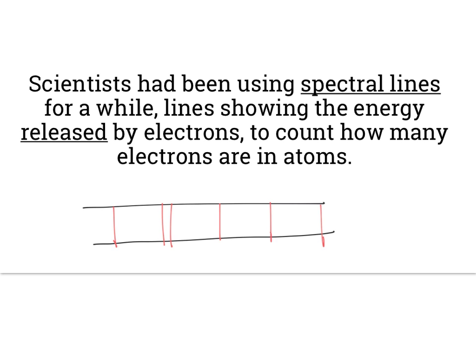And they're able to track pretty much how many lines there are and get an idea of how many electrons there are. We'll actually talk about this process in a little bit. Nowadays, we use what's called photoelectron spectroscopy. It's kind of like the advanced brother of spectral lines.